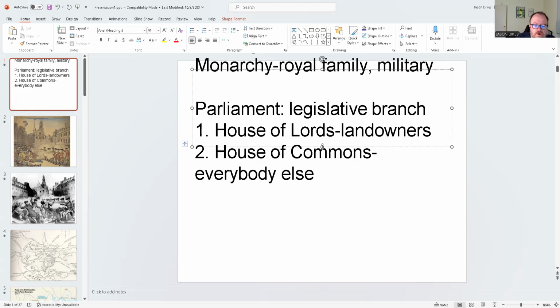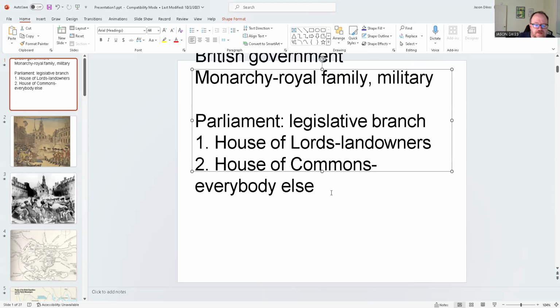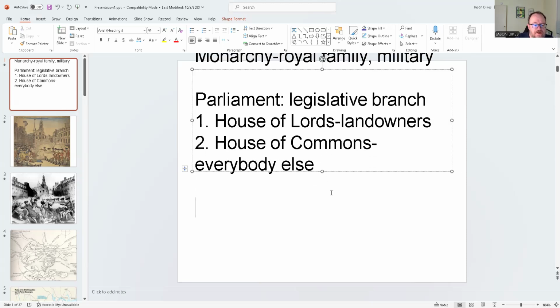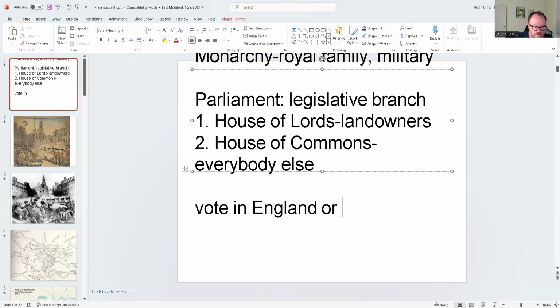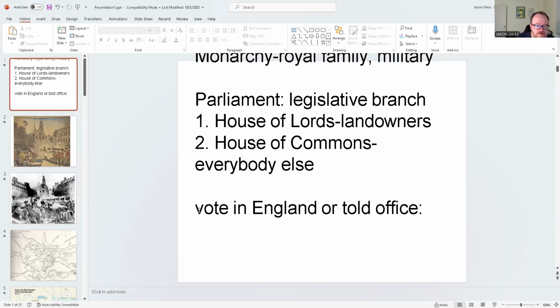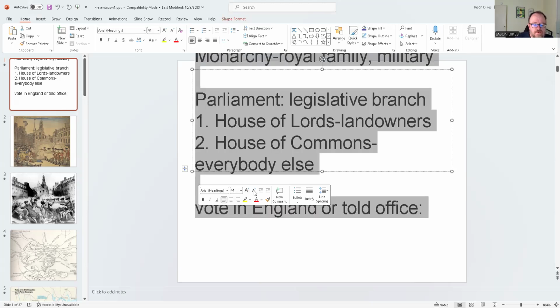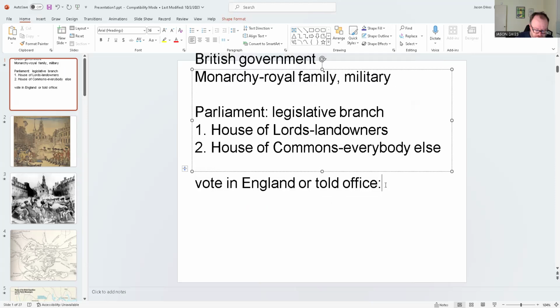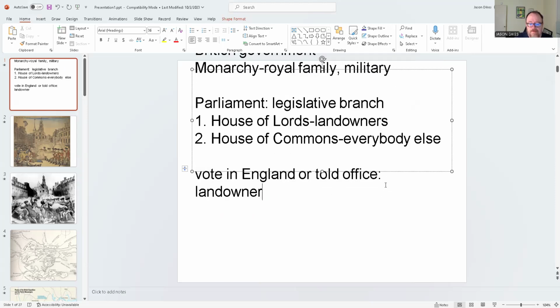Now, where this system begins to break down is in voting. Because in order to vote in England or to hold office in England, you had to be a landowner.